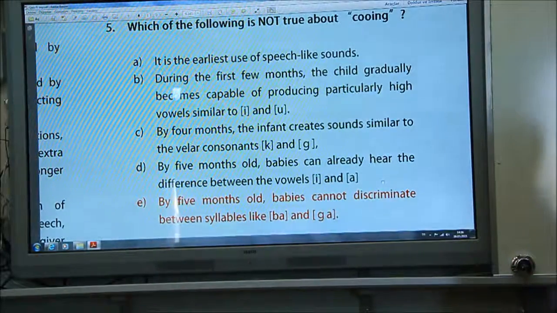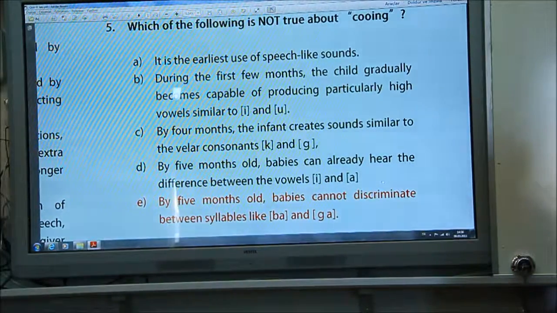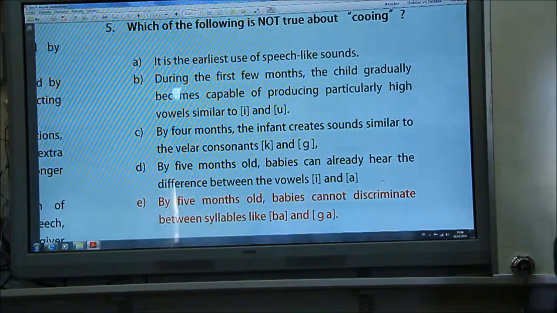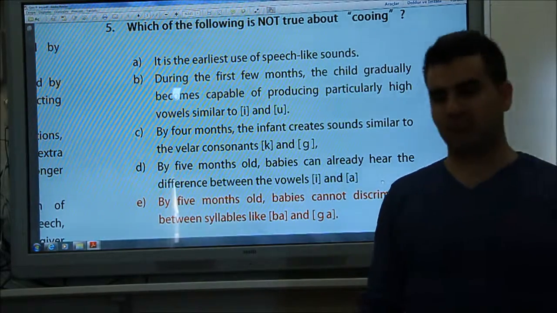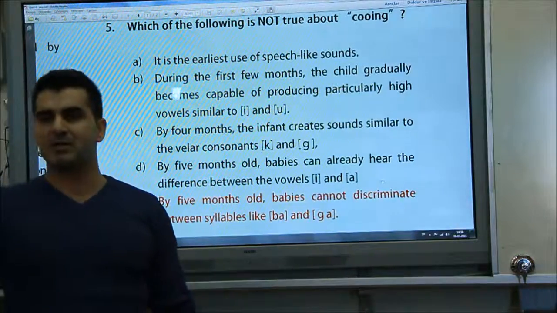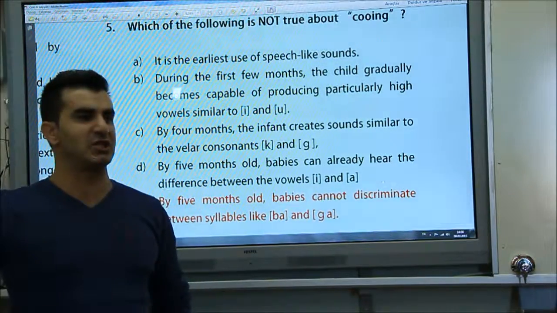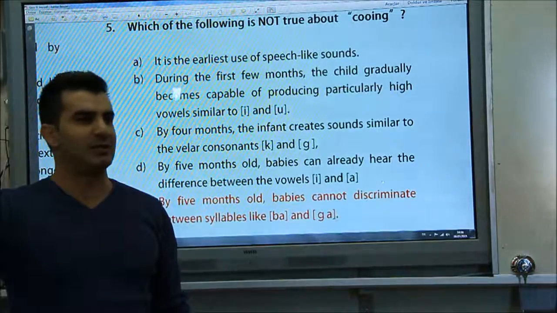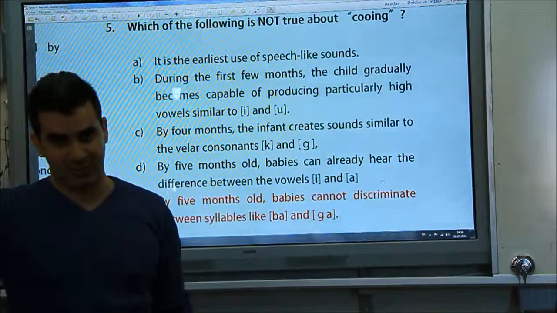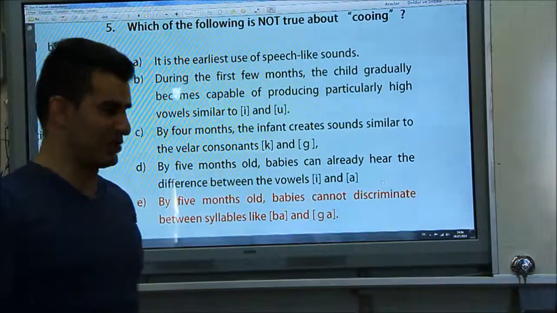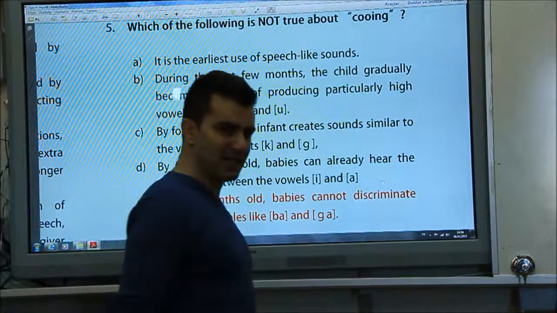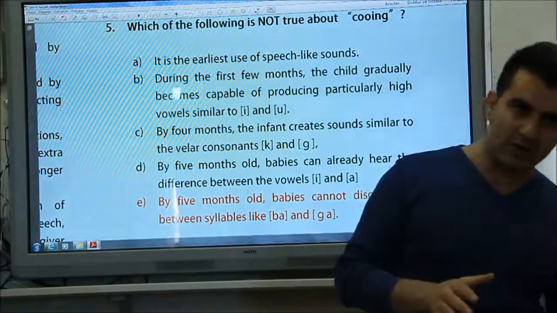Thank you. So, which of the following is not true about cooing? What is cooing? Cik cik cik cik. They squeak all the time, right? Your baby is in the chick-chicking stage. It is the earliest use of speech-like sounds. It is not speech, but speech-like sounds.